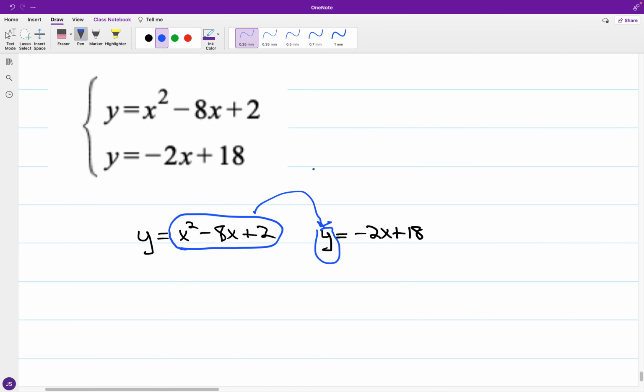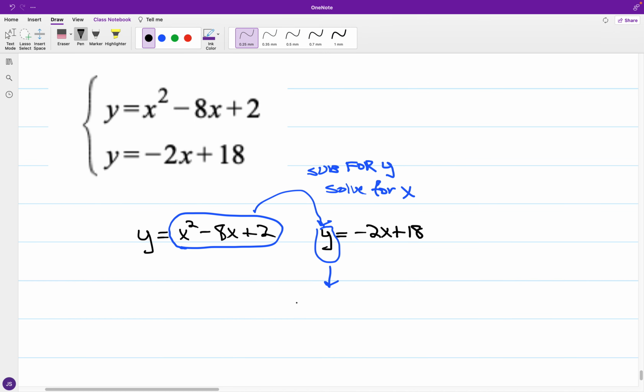If I substitute for y and solve for x, we have x squared minus 8x plus 2 is equal to negative 2x plus 18.